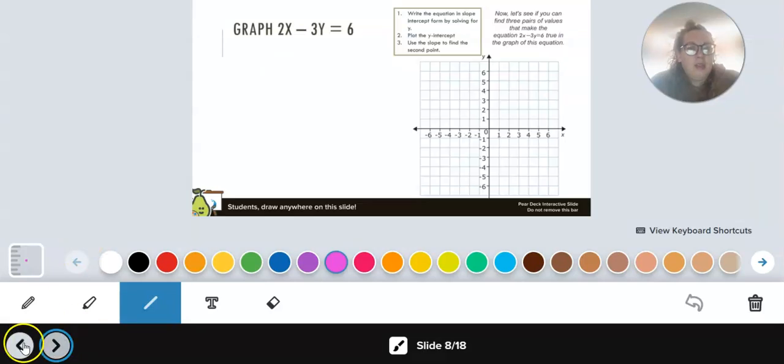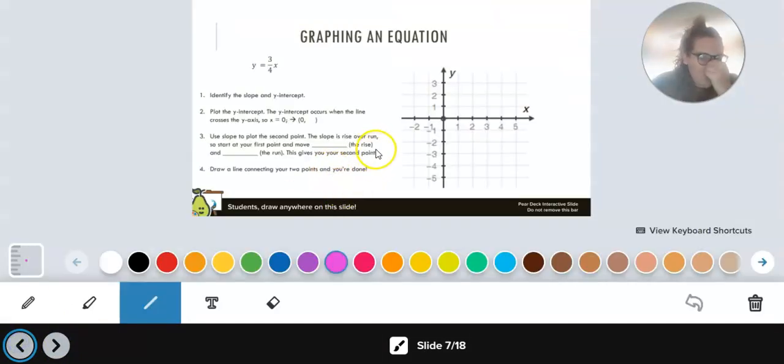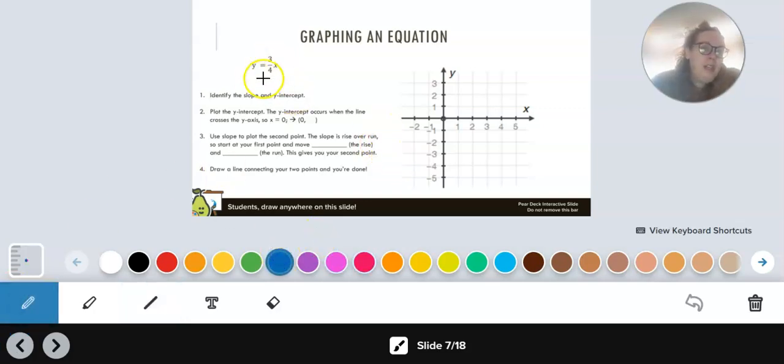We'll do one more here. So our slope is 3/4 and our y-intercept is 0. There's nothing added or subtracted, so it's just a plus 0. So here's our y-intercept right at 0, 0.